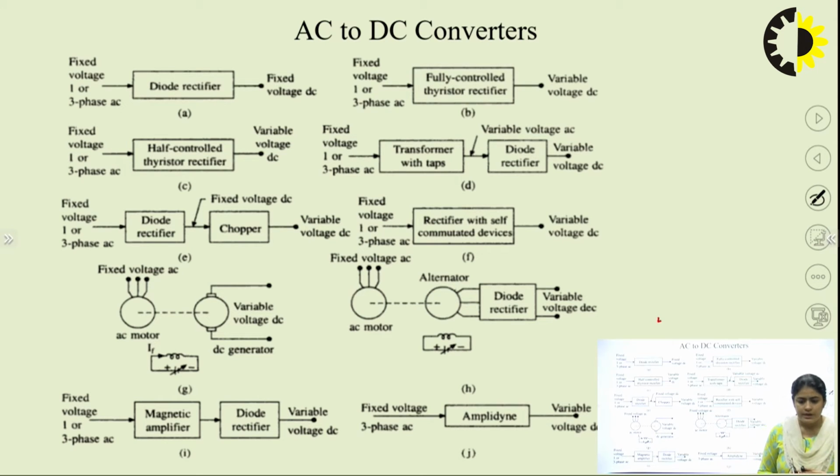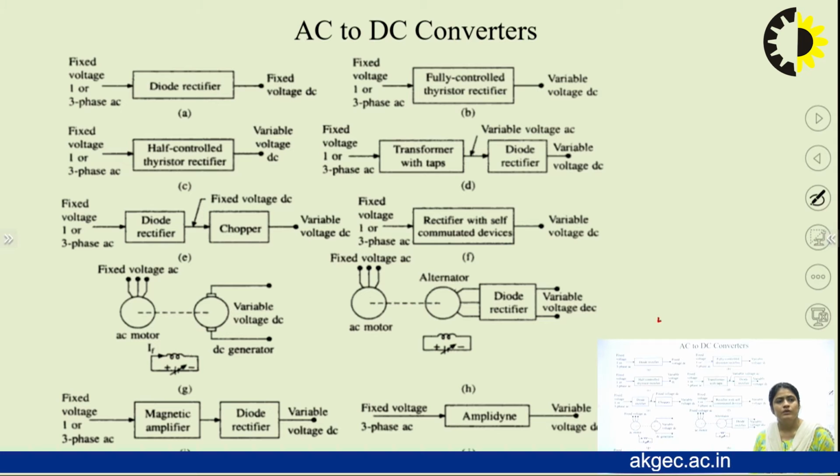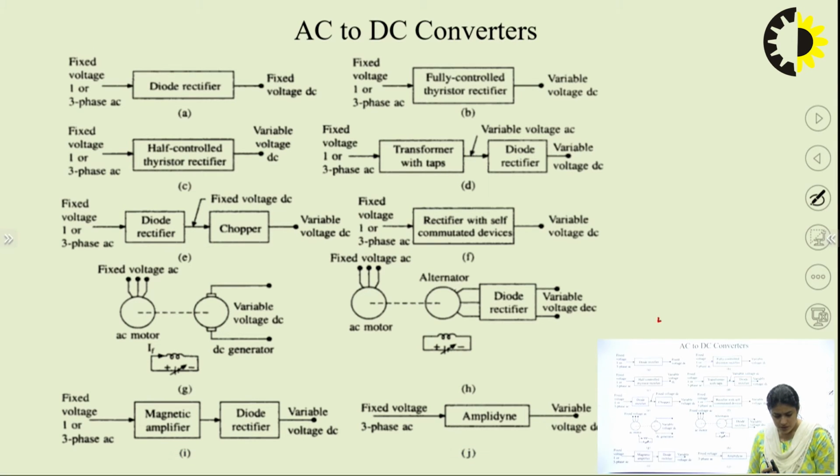Right, so the AC to DC converter, it's a fixed voltage. If you see the first diagram, the fixed voltage single phase and 3-phase, a diode rectifier can be used to convert the fixed voltage AC to fixed voltage DC.